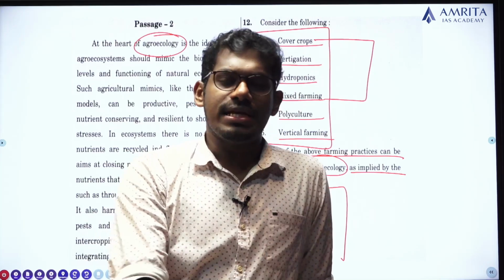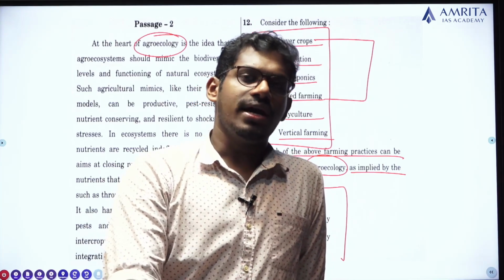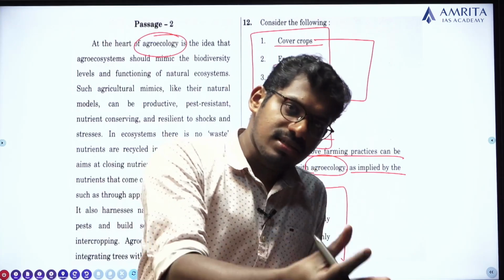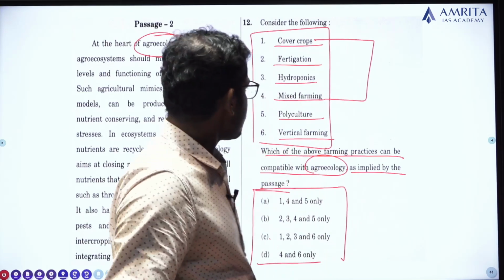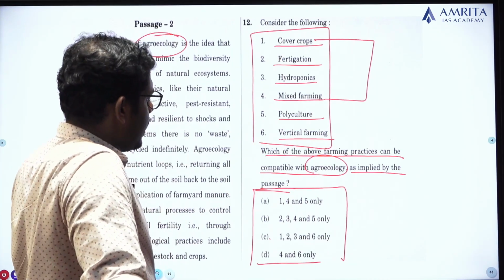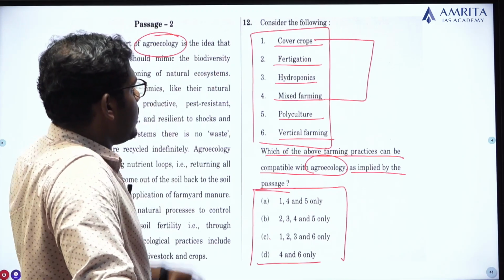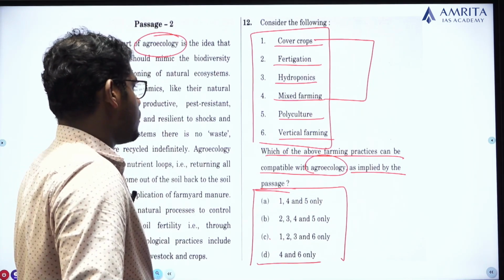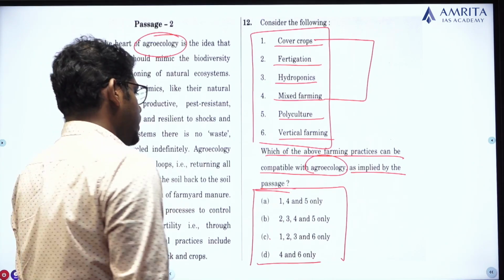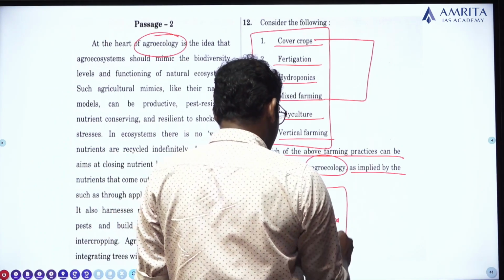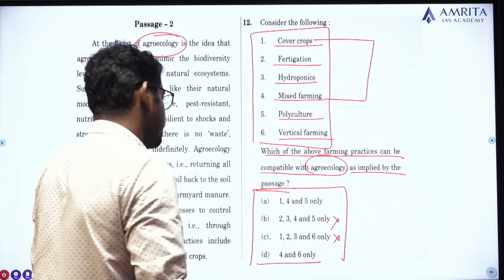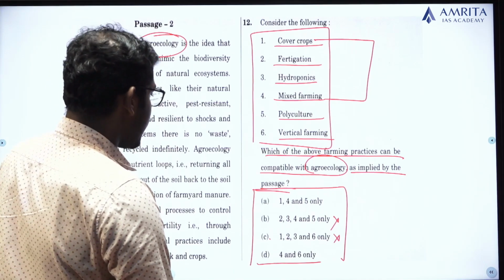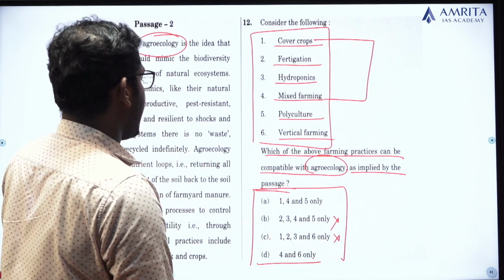It's a new invention, a new idea of growing plants in water. So I cannot say option 1 and 3 come together, so option 3 can be simply eliminated. So I am eliminating option B and C. Now I am left with option A and D.